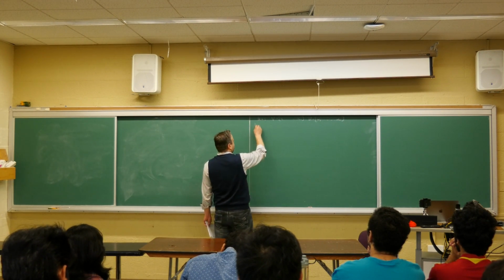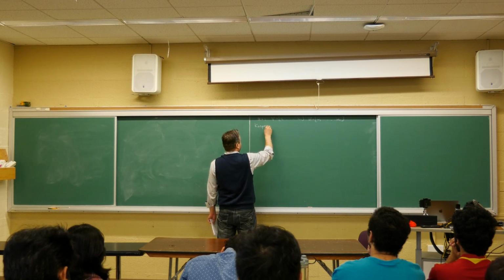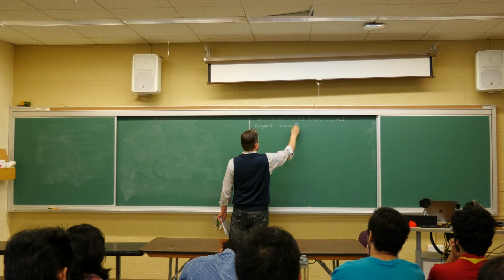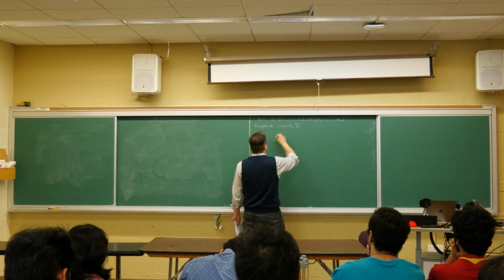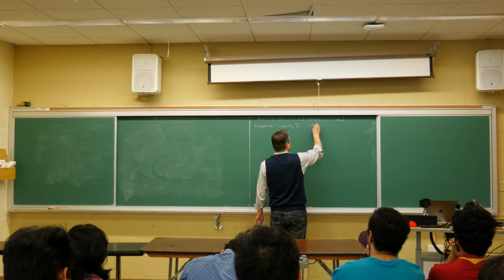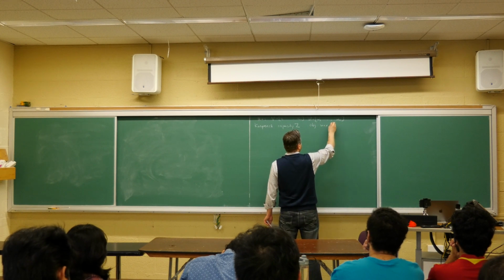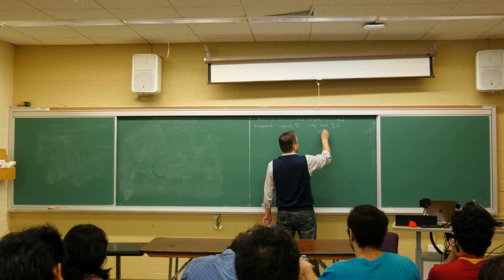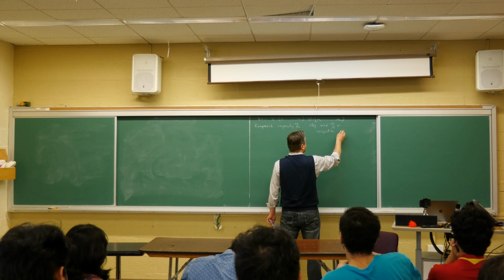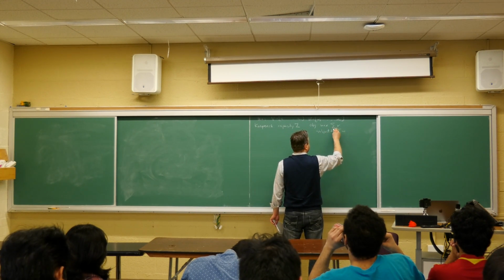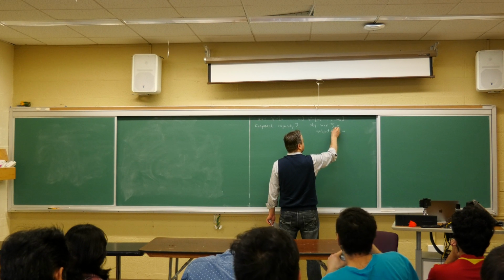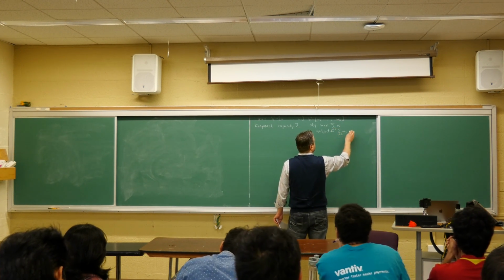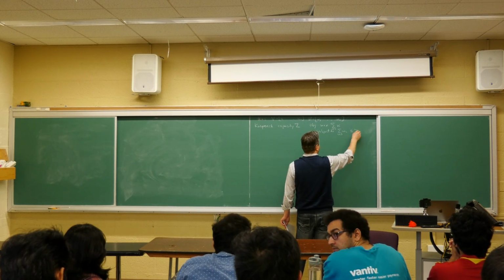And they have a knapsack capacity Z. So the objective is to maximize the sum of values subject to the sum of the weights in a subset being smaller than Z.